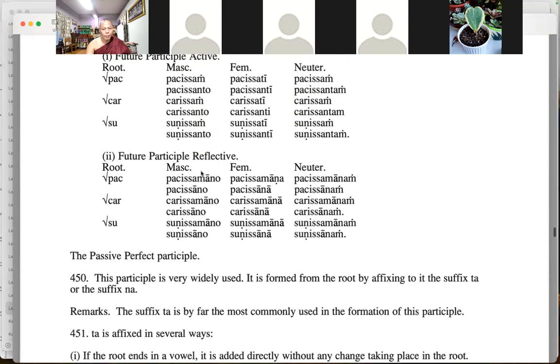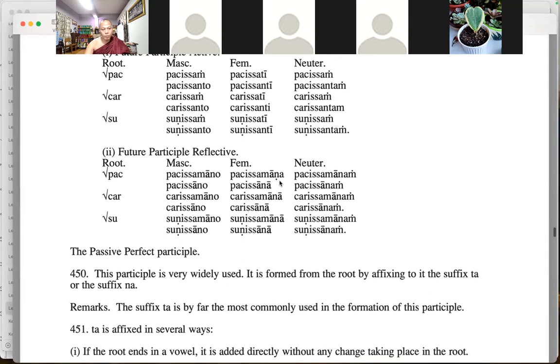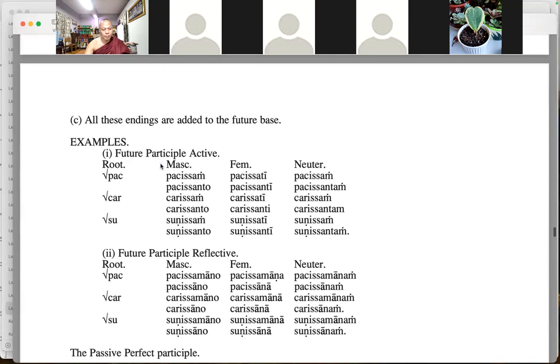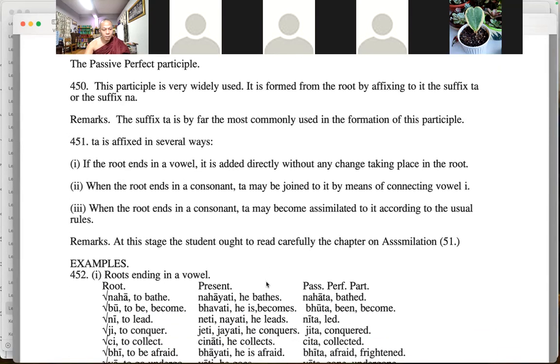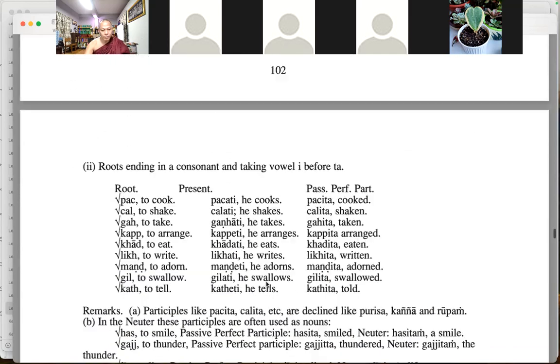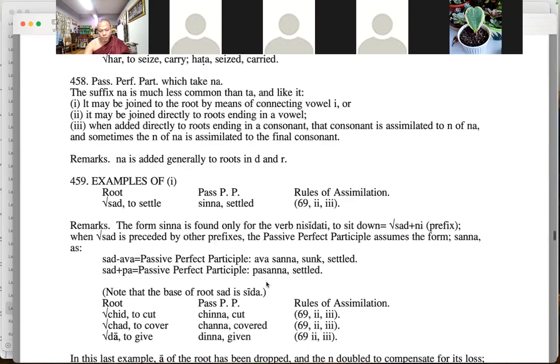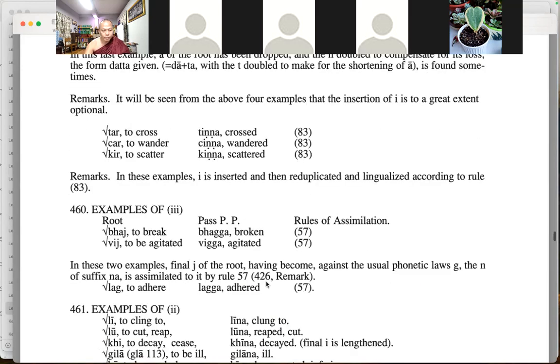So future participle, reflexive. So passive participle, like the Bajesa Mano or something like some different idea, you can read it. But here, the usage of gerund there.